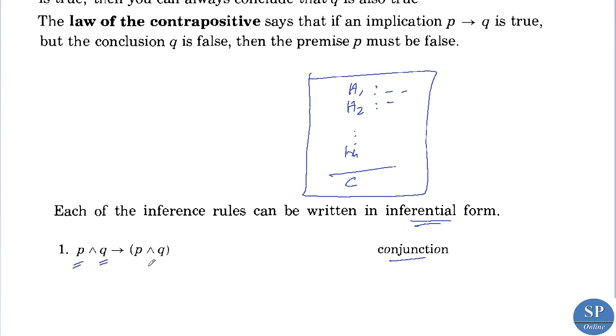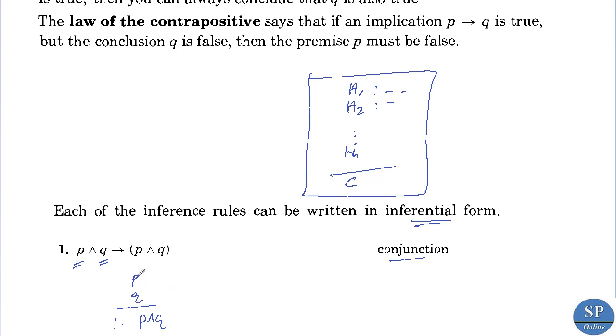So we can express this in inferential form as: P is the first hypothesis, then the second hypothesis Q. We have to assume that all these hypotheses are true. Then therefore the conclusion is P conjunction Q. So this is the inferential form of the conjunction rule.